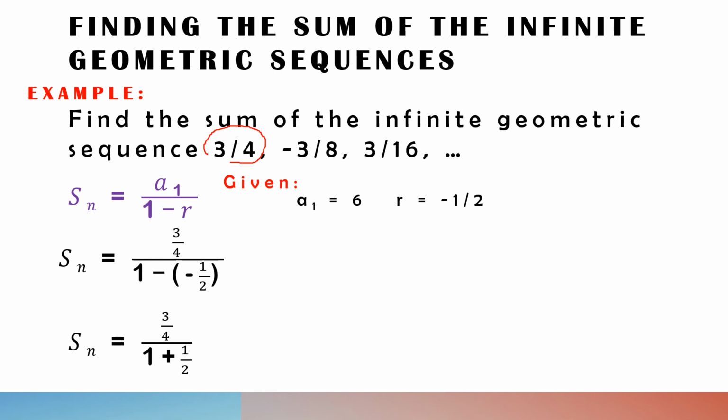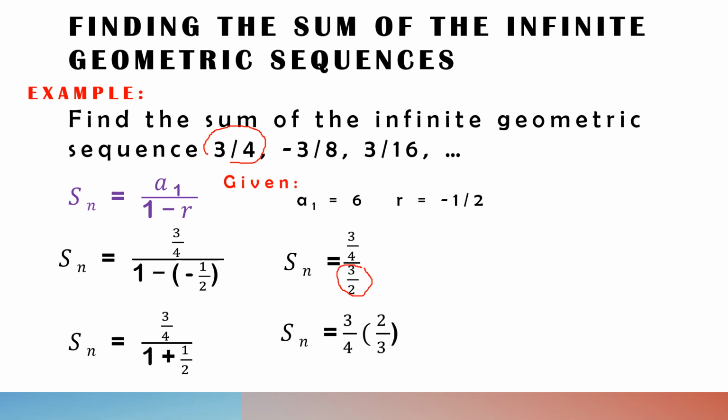So 1 plus 1/2, or 2 over 2 plus 1/2, is actually 3/2. So 3/4 over 3/2. Dividing fractions, we get the reciprocal of 3/2, which is 2/3. This 2/3 will be multiplied to our numerator, which is 3/4.